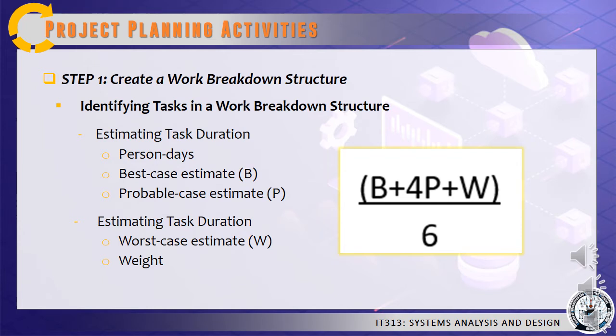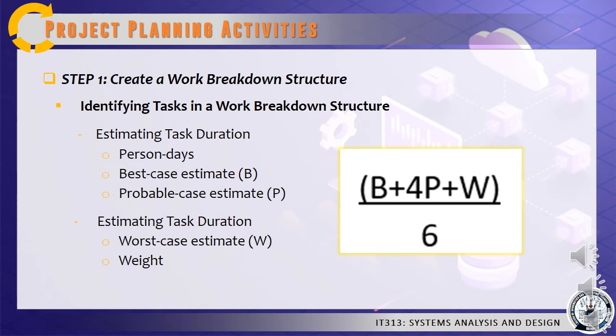For instance, if it takes 2 person days to install the cables for a new local area network, 1 person might do the task in 2 days, 2 people in 1 day, or 4 people in half a day. In most system analysis tasks, however, time and people are not interchangeable.